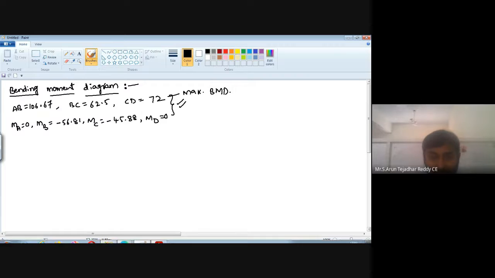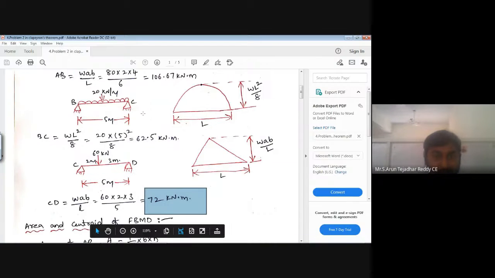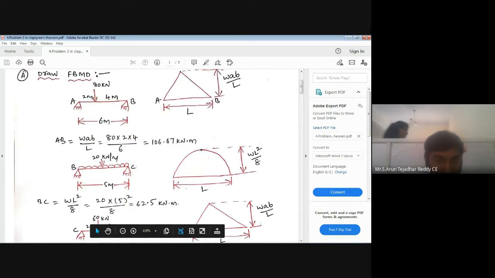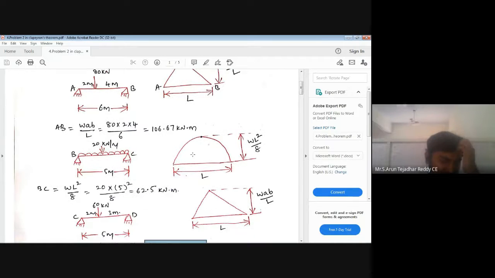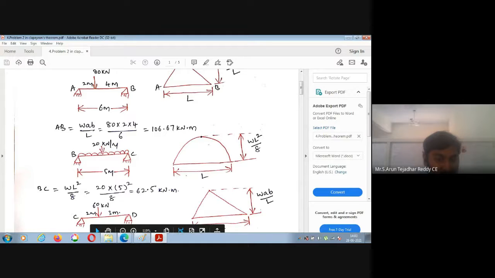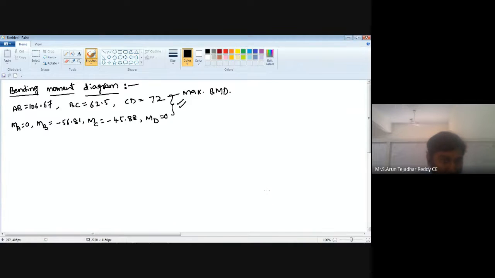See, already we have drawn here. This is the maximum bending moment diagram. One is triangle shape, rectangle shape. One is triangle, parabolic, and again triangle. So draw the same diagram here.